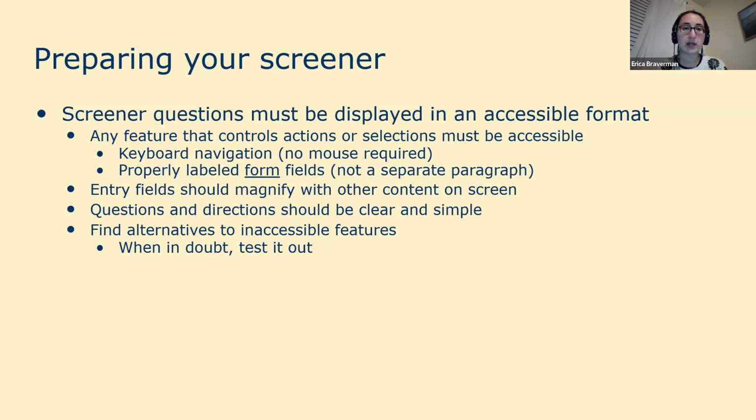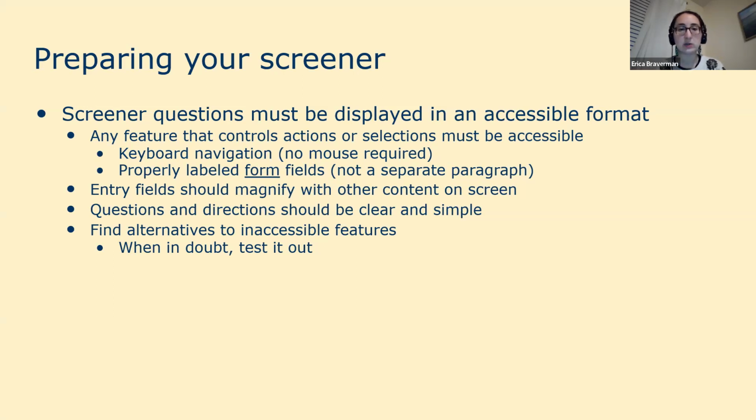Make sure that in the form, any feature that controls an action like submission or selecting, like radio buttons or checkboxes, is accessible. Again, keyboard navigation, no mouse required, for people who are using switch devices or screen readers, things like that. And then properly labeled form fields.